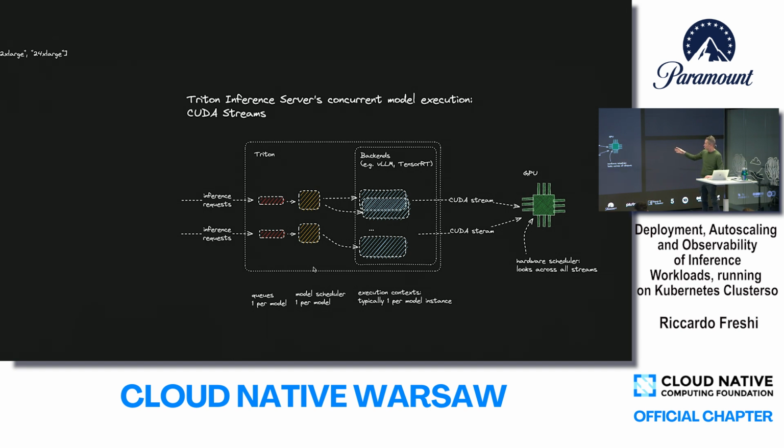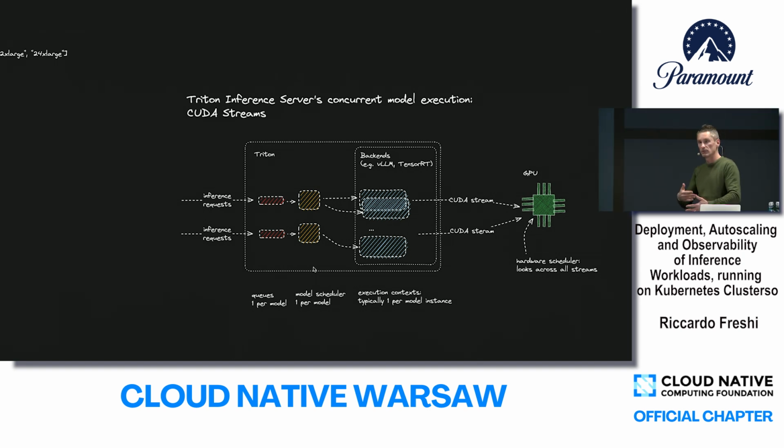So if a model is running slowly and another one is running faster, or is more stressed, you can have these requests for execution pipelined into a single scheduler, the hardware scheduler, which can make better use of the GPU.